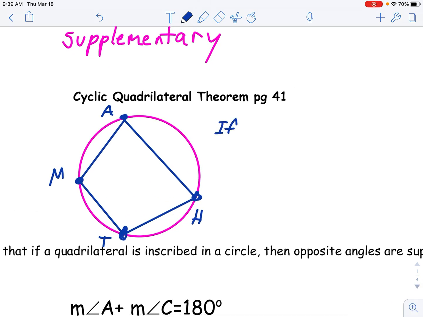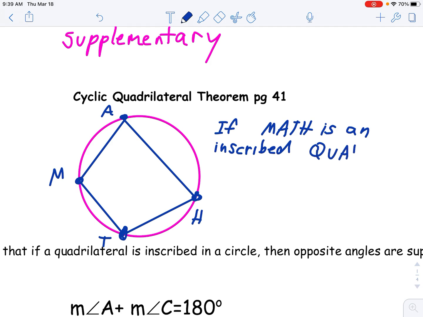If MATH is an inscribed quadrilateral, I'm just going to write quad, then opposite angles are supplementary.